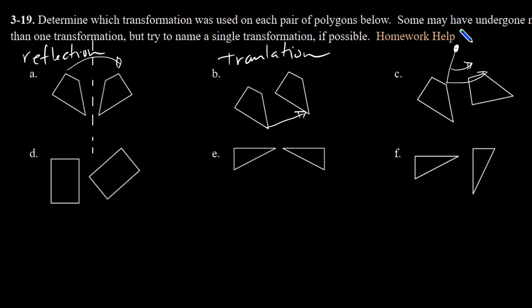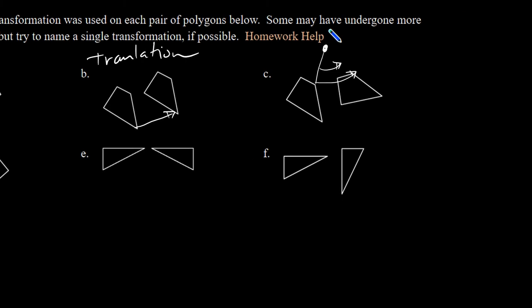So I think that's why the book was encouraging us to think about a single transformation. So I could say this is a rotation about point, I'll call that point A. And also, if you would have placed 2 there, you could say a rotation followed by a translation. That's fine.